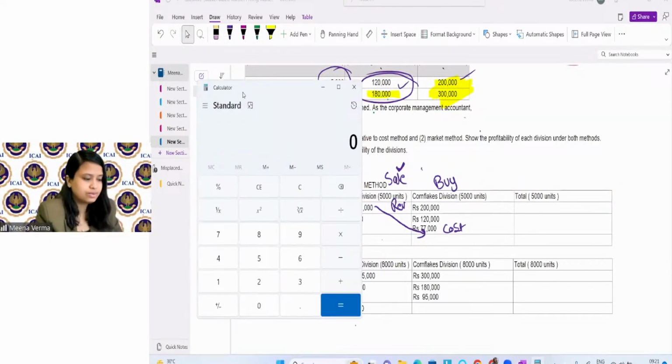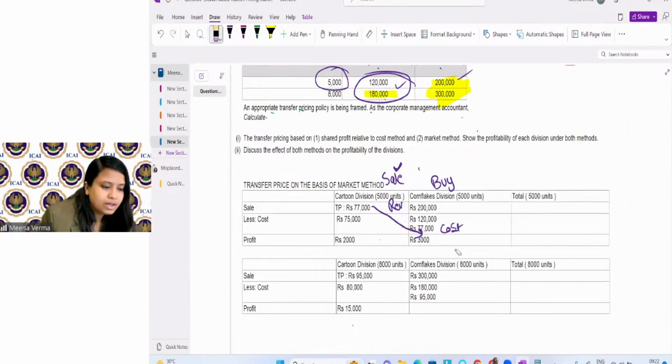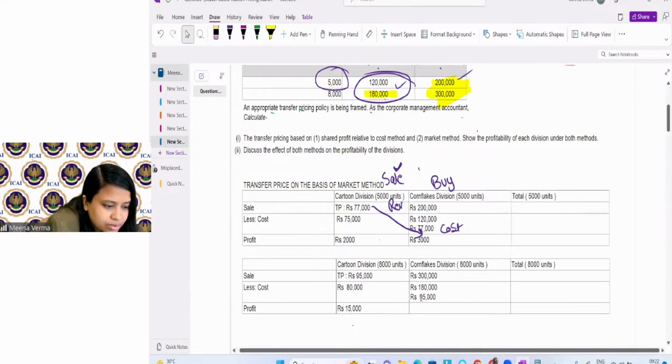Now I need a calculator. Here it is coming as, I think, 3,000. Okay, this is coming as 3,000. And this will be what? Rupees 25,000.